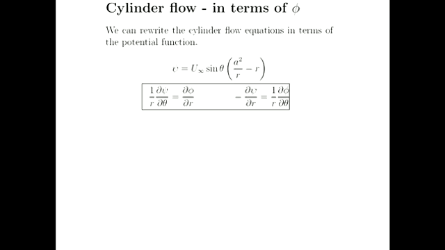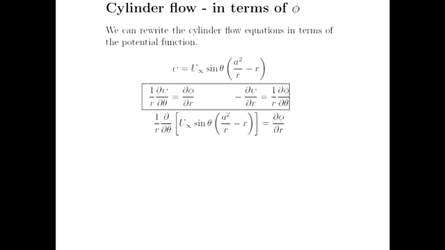It's in cylindrical polar coordinates, so I should use those relationships between stream and potential function in cylindrical polar coordinates also. And actually, what I'm going to do is make use of the first of these, this one that I'm highlighting. So I can write that 1 on r d psi d theta is equal to d phi dr. And I can just substitute my expression for psi into this, okay?